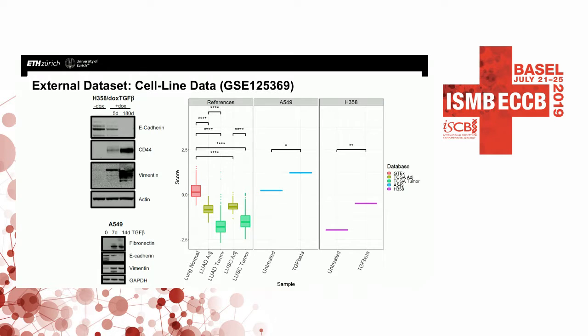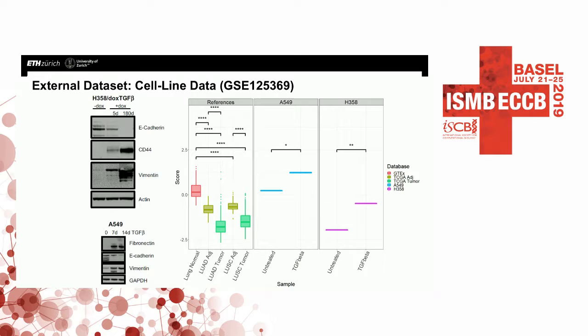On the left-hand side, you can see marker expression that shows that EMT did occur, because mesenchymal marker expression, which is CD44 and vimentin, increases while epithelial marker expression, which is E-cadherin, decreases. You can see the same for both cell lines. The top one is H358 and the bottom is A549.